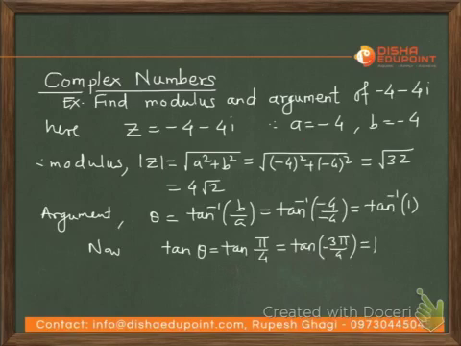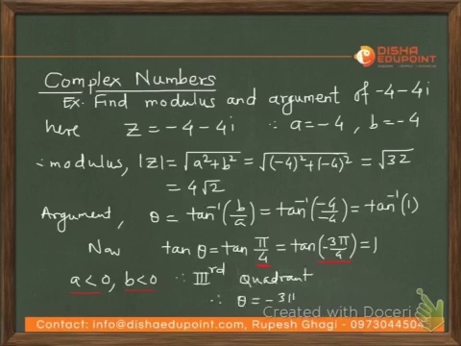We have two values of theta lying between minus pi to pi, which satisfy that tan theta is equal to 1. But here a is negative and b is negative, so obviously our angle lies in the third quadrant. So out of the two values, the value minus 3 pi by 4 lies in the third quadrant, and that's why the argument is equal to minus 3 pi by 4.